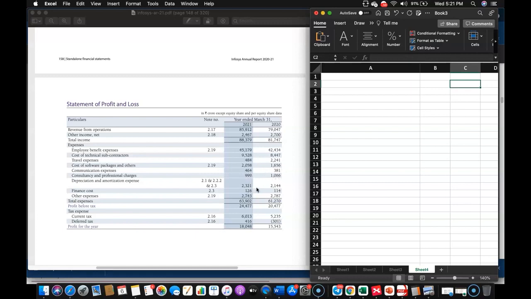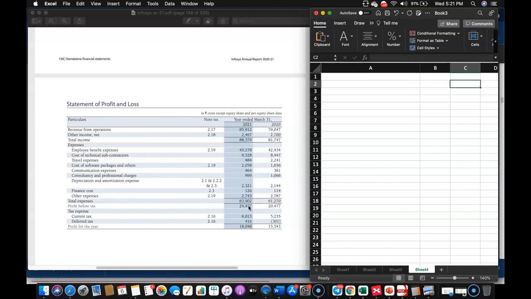Then something on depreciation, and finance cost is very minuscule for them. It's hardly 126 crore. Given their size, it's very small because they are managing everything on their own. Then some other expenses, but still their total expenses is only 63,000, say 64,000 crore.